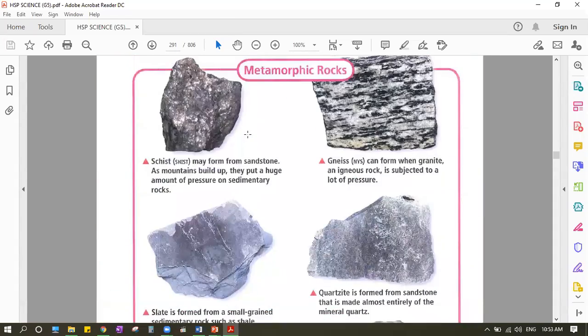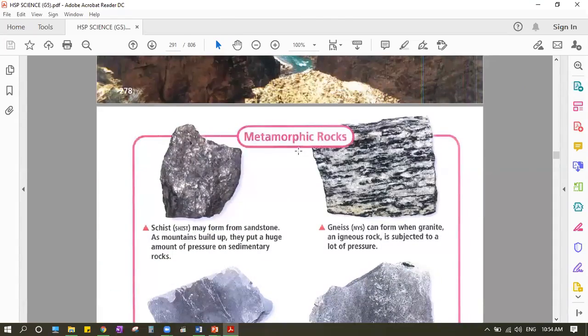We also have some types of it. Yes, Habiba, you're raising your hand. Yes, miss. In igneous rocks, I have the rock that is called pumice.